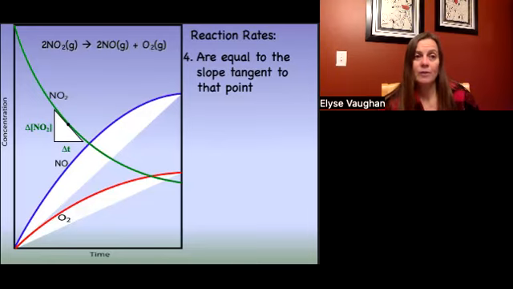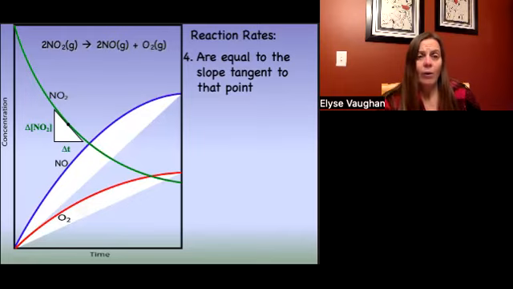And so that's also going to increase the number of effective collisions. And then finally, we can talk about a catalyst. So if we have a catalyst, that's going to lower activation energy. So that's going to mean that more of our collisions are going to have sufficient energy to overcome that activation energy. And so we're going to have more effective collisions, which means we're going to have a higher reaction rate.